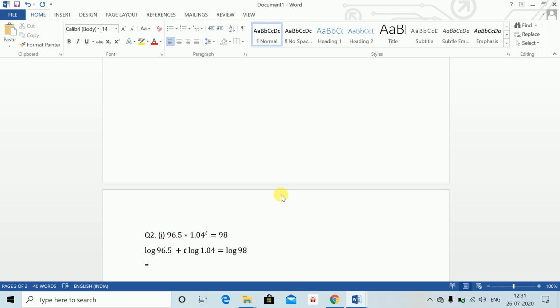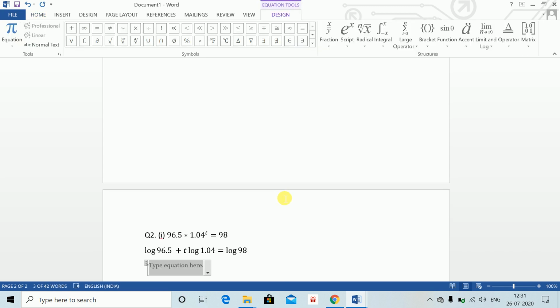Rearranging this, we get t is equal to, in brackets, log of 98 minus log of 96.5, divided by log of 1.04.